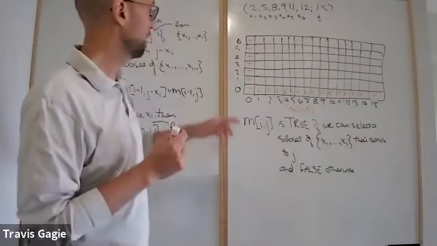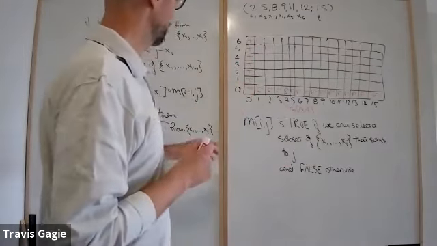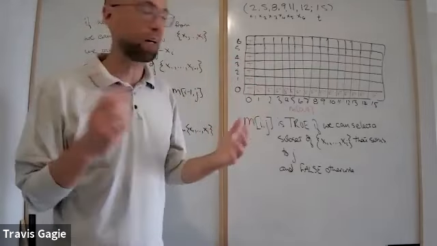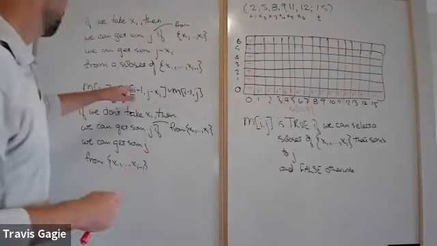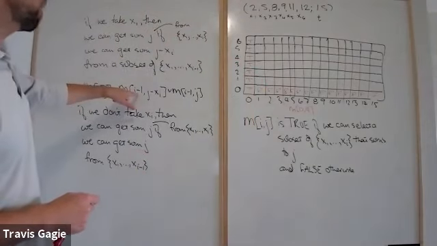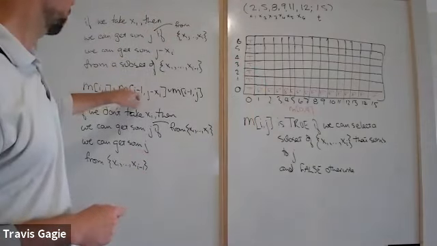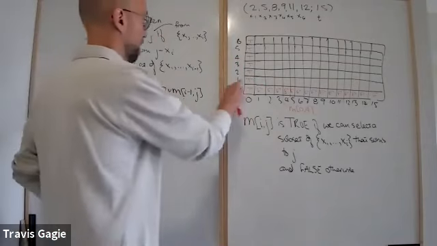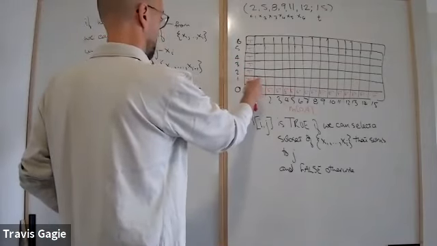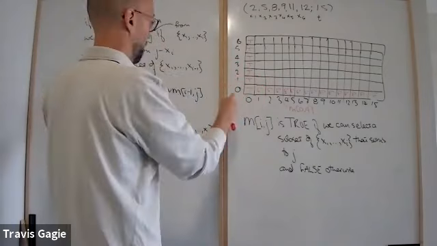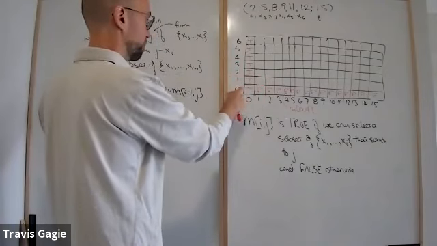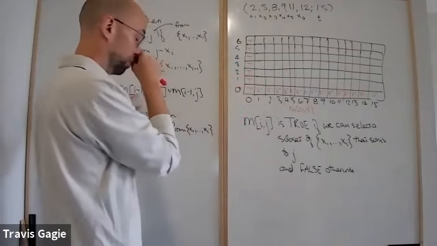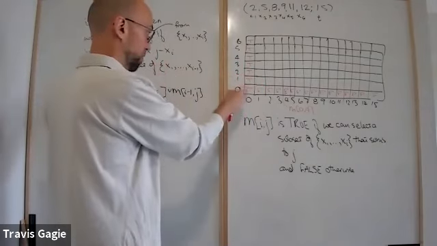No. But instead of just thinking about it, we're going to do this automatically. This is true if we can get some j minus 1 from the empty set.